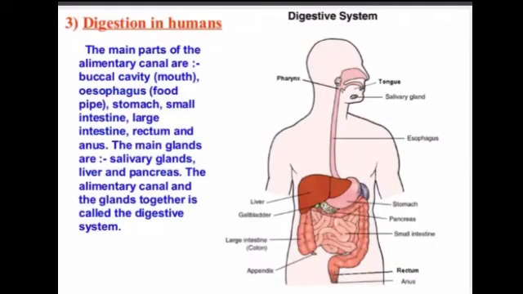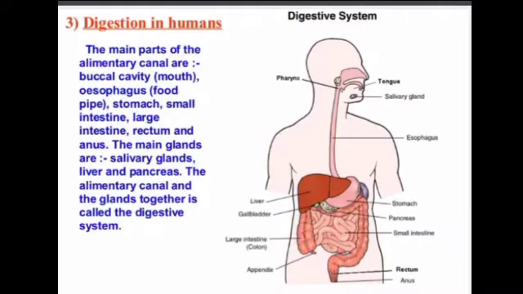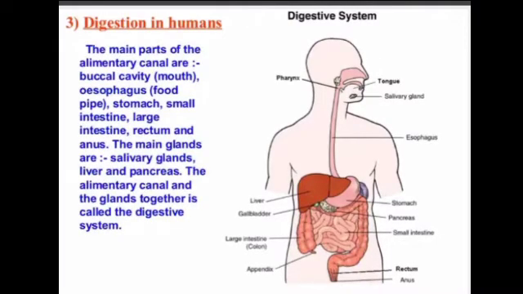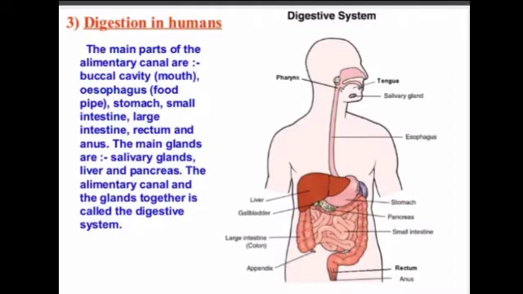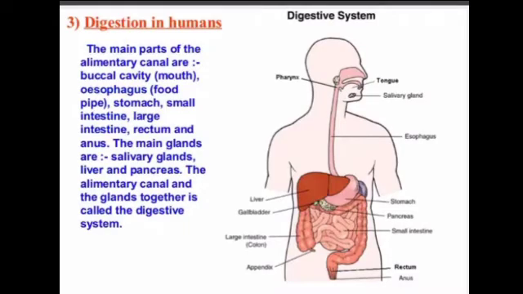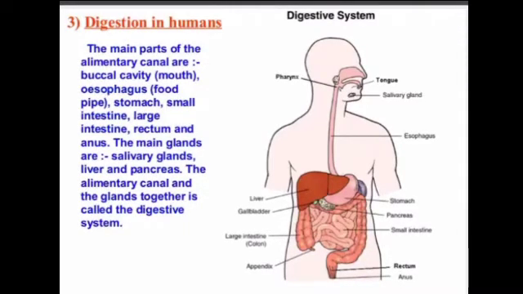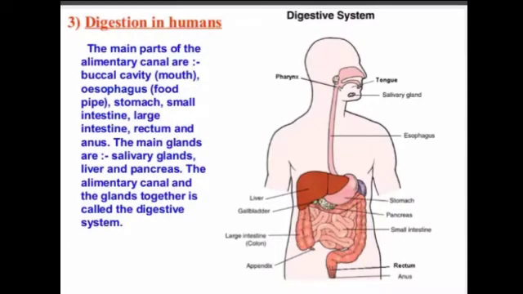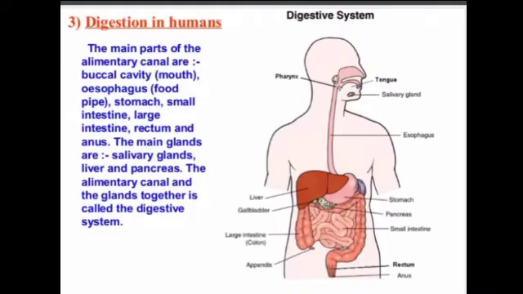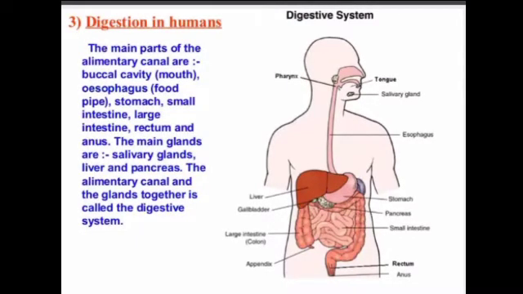Now, let us understand digestion in humans. The main parts of the alimentary canal are the buccal cavity, that is the mouth, esophagus, the food pipe, stomach, small intestine, large intestine, rectum, and anus. The main glands are the salivary glands, liver, and pancreas.